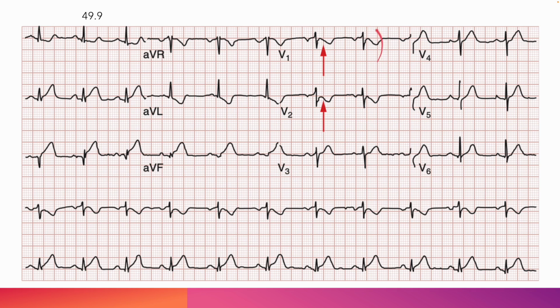Now this picture is actually a posterior wall infarction, because as we said, in V1 and V2 you want to look for the mirror image of an ST elevation. It's because V1 and V2 give you the picture of the anterior wall. This means that there is some pathology going on in the posterior wall, and as we said, you would find an R wave, an ST depression, and an upright T wave.